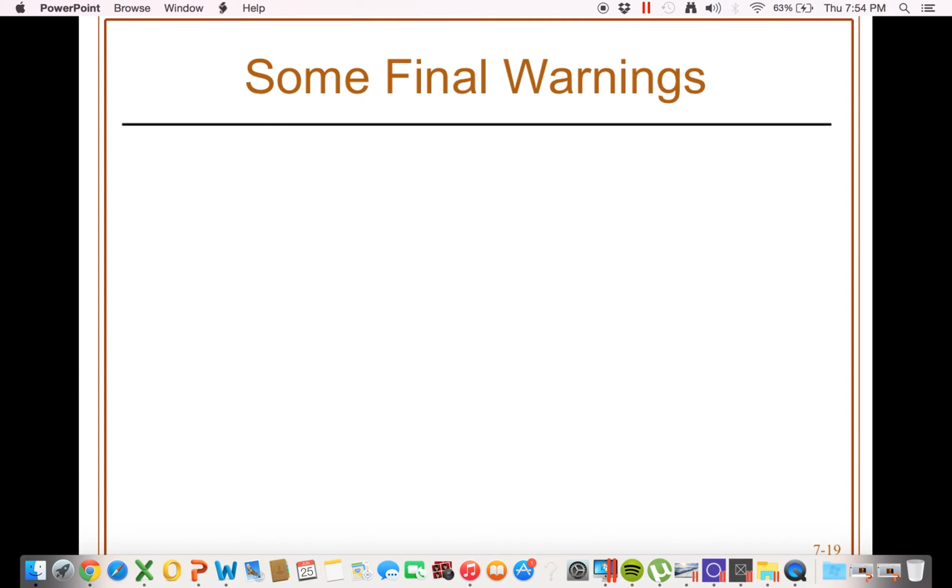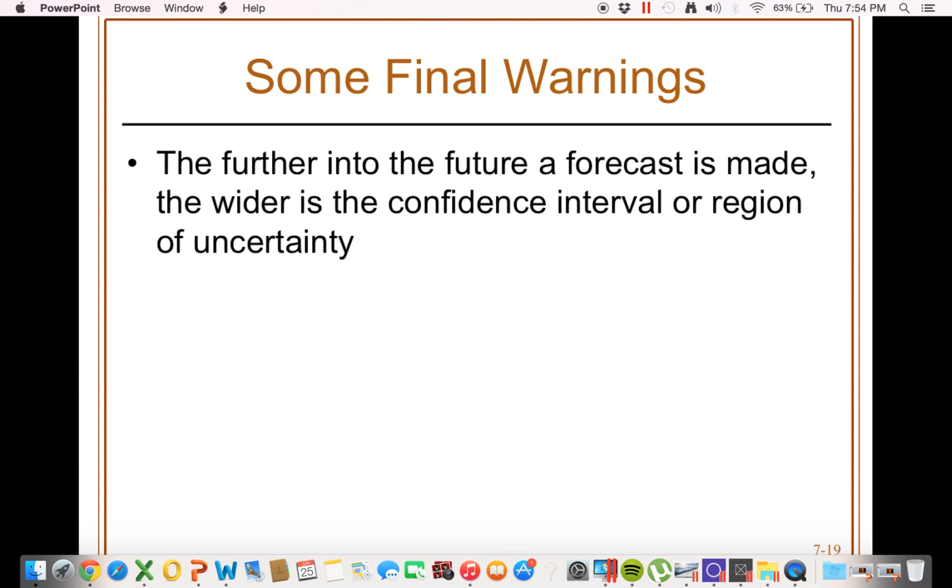Okay, so some final warnings for this chapter. The further into the future a forecast is made, the wider is the confidence interval or region of uncertainty. You know this from weather forecasting. The further out they go, the worse the forecast is. Not that it's great as is, but the further out you go, it's really not very reliable.